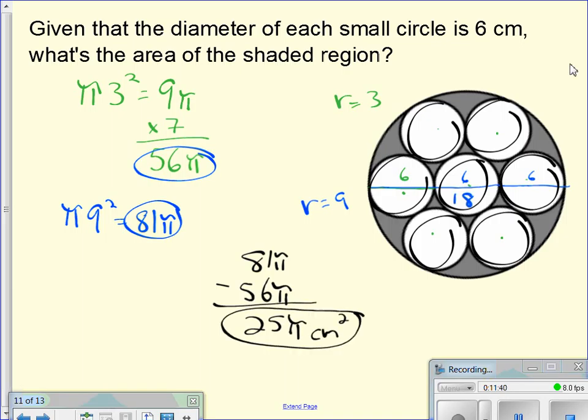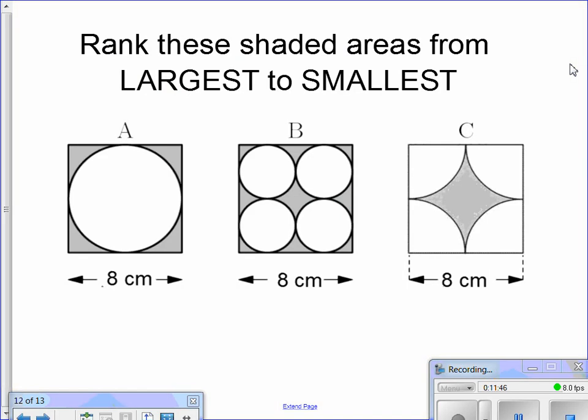So a lot of these problems is about finding little tricks. All right, last thing I'm going to leave you with here, a challenge. Rank these shaded areas from the largest to the smallest, okay? So A, B, and C. Tell me which is largest and which is smallest. And my hint to you, well, not my hint, my answer, they're all the same.